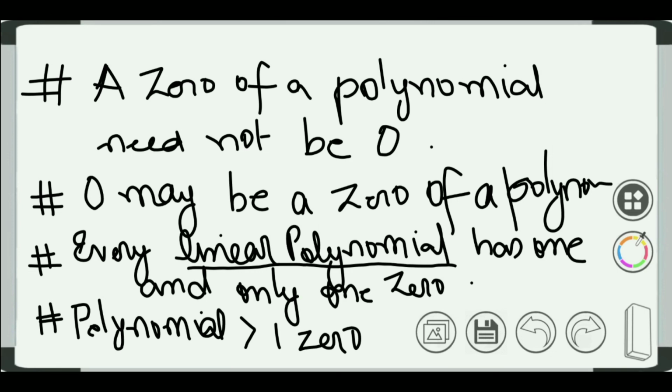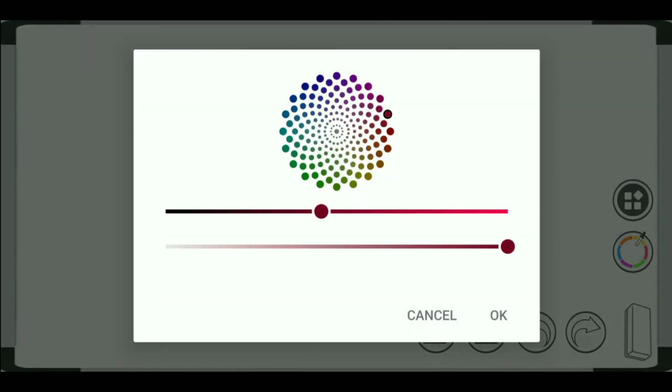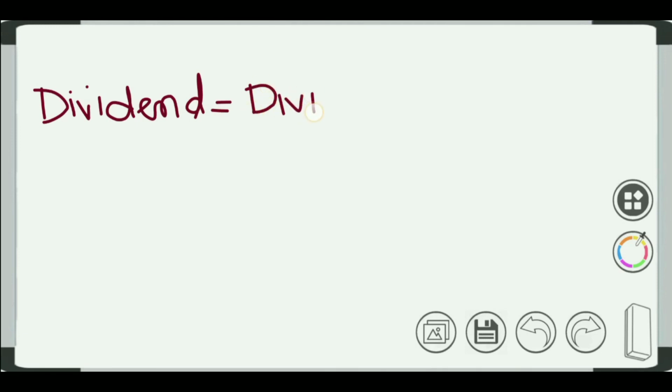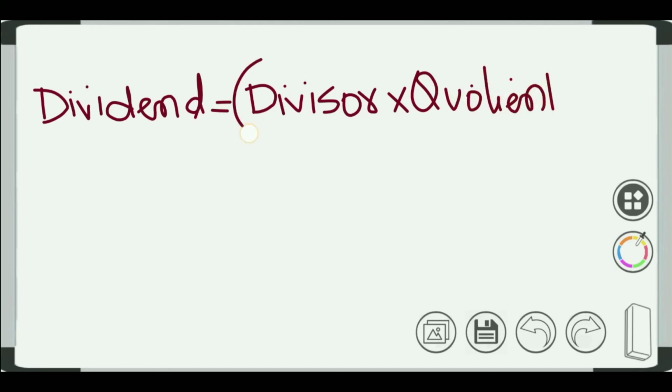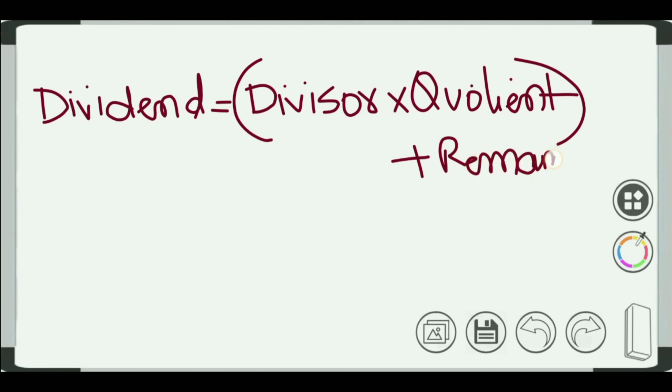Another small part of this chapter is this formula: dividend is equal to divisor, that you already know, into quotient plus remainder. See, 12 divided by 5.